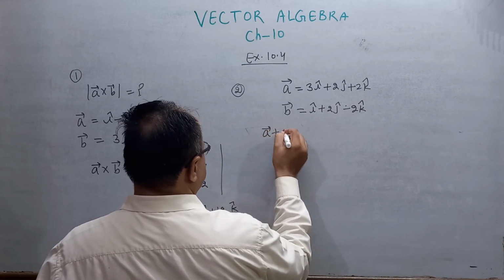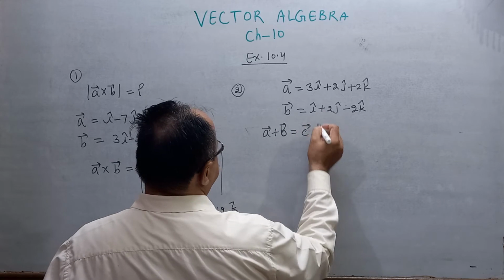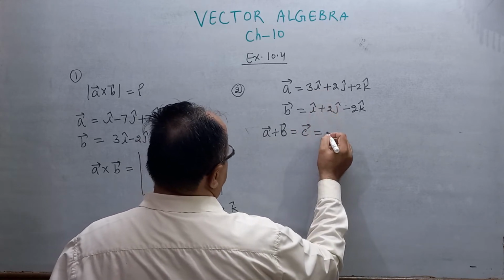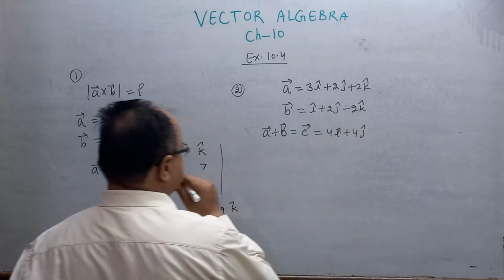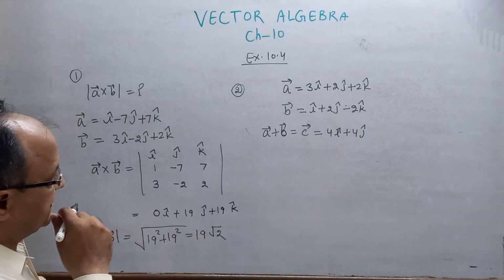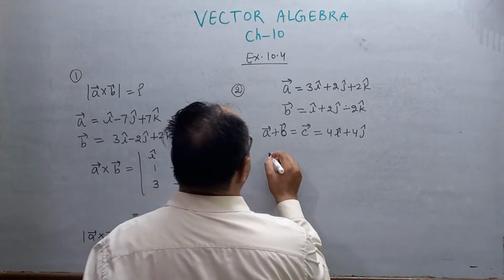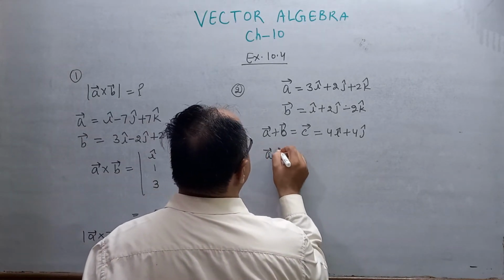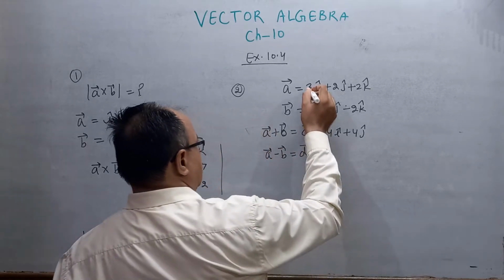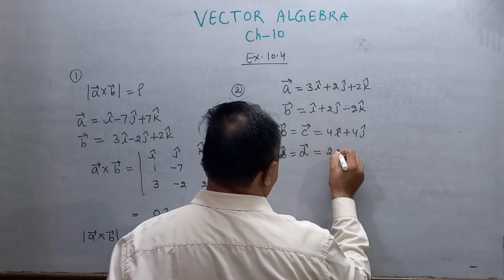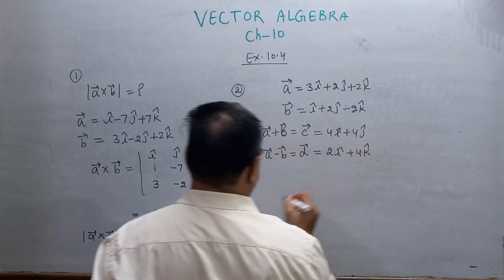Firstly calculate A plus B. Let this be equal to vector C. That is 4 I cap plus 4 J cap. And when you subtract, A minus B, let this be equal to vector D. 3 minus 1 is 2 I cap, and here plus 4 K cap.